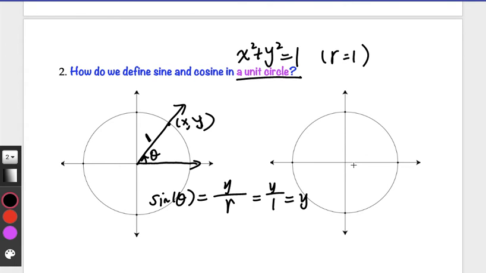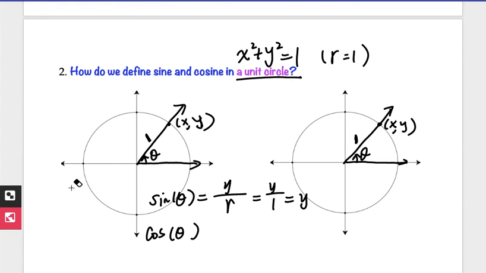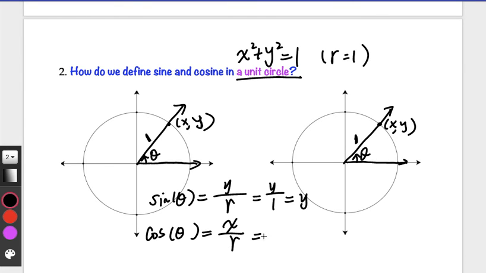And same thing for cosine. This coordinate still intersects at x and y. And again, why is the unit circle special? The radius is 1. So cosine theta, according to the definition, is x over r, but r is 1, so I can just define this as x.